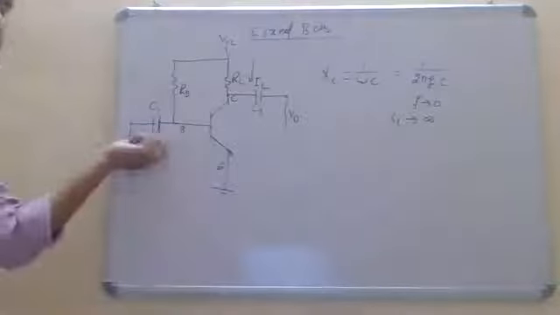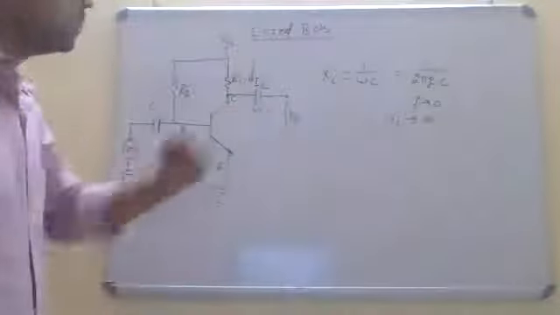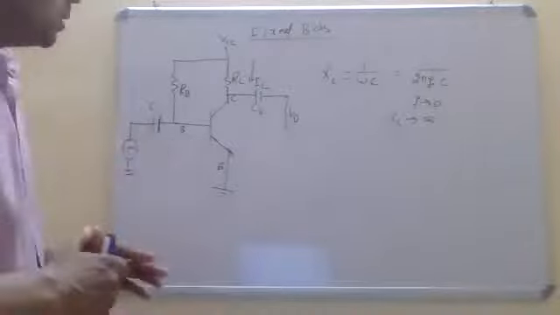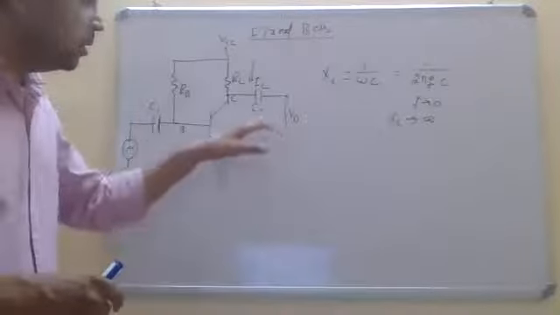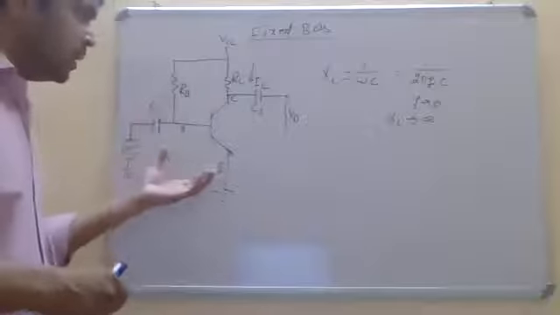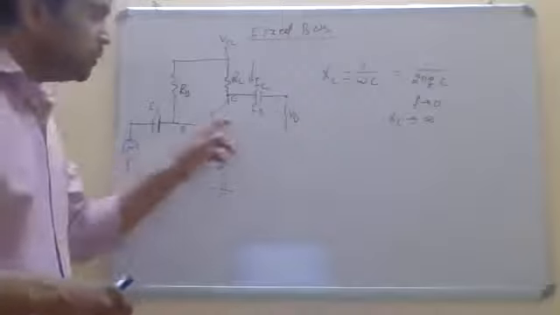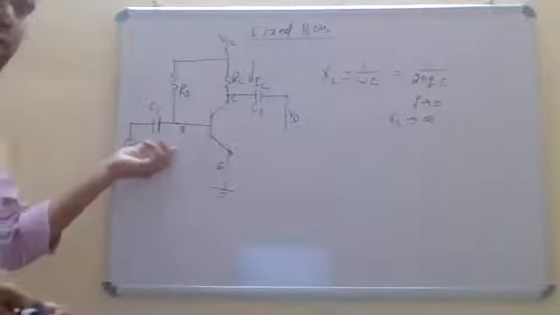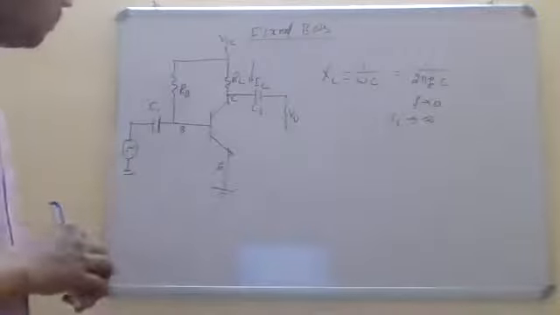So what is the function of these capacitors? In the circuit we draw them, but when making calculations, sometimes we use these capacitors and sometimes we do not. When we do not use them, we are going for DC biasing.